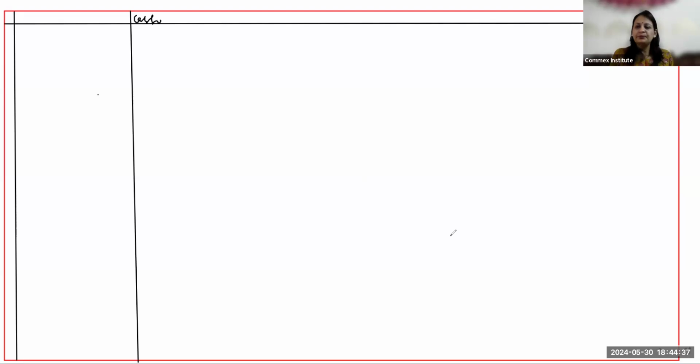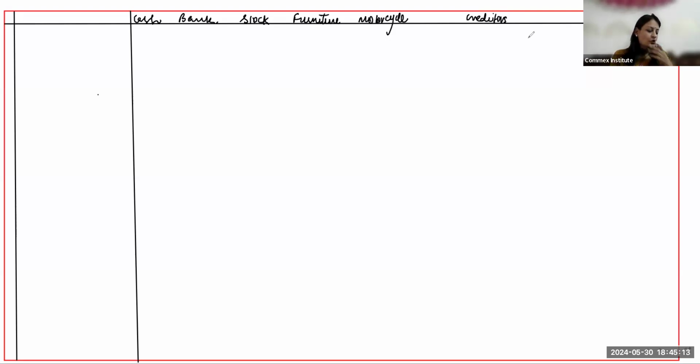So we have cash. Then we had bank balance, bank. Okay, and then we had stock. And we have furniture. And motorcycle. Okay, and on the liability side, I've got the creditors.